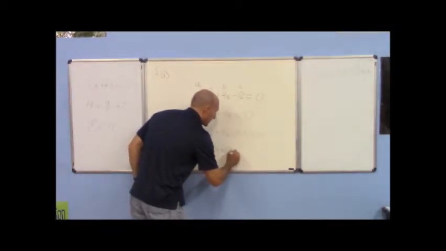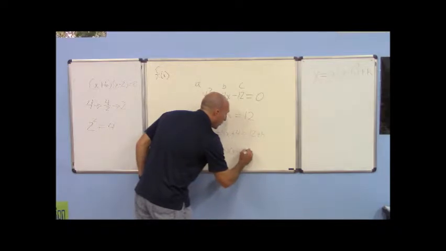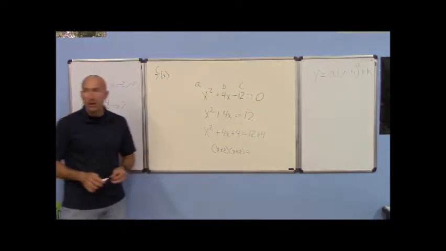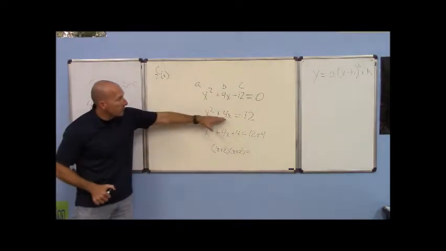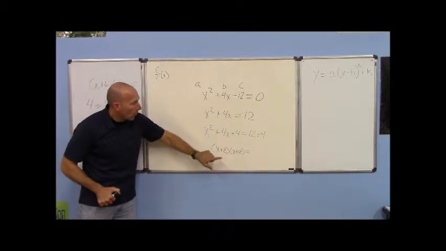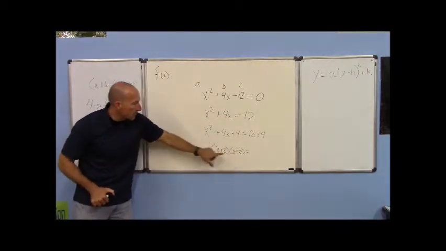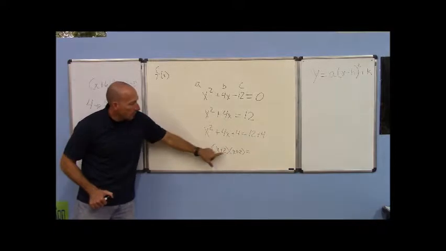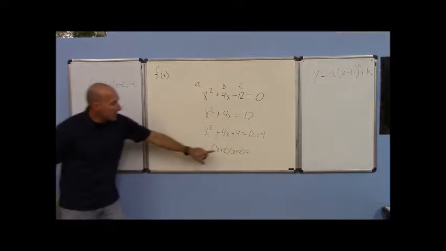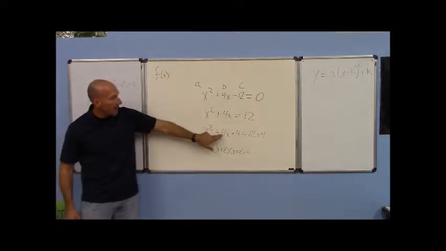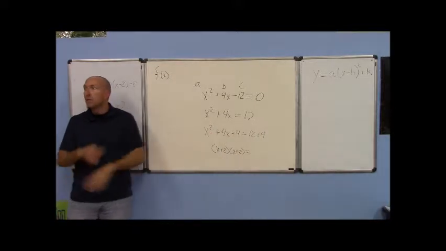Now when we factor this, we know that we're going to end up with x plus 2 times x plus 2. That's the cool thing about completing the square: once we've gone from here to here, we can make 2 sets of parentheses, put an x and an x, our plus and plus, and this number here is going to be half of this middle number. Every single time.